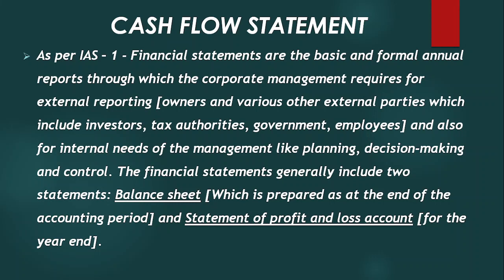The financial statements generally include two statements: the balance sheet, which is prepared at the end of the accounting period, and the statement of profit and loss account, which is prepared for the year end.